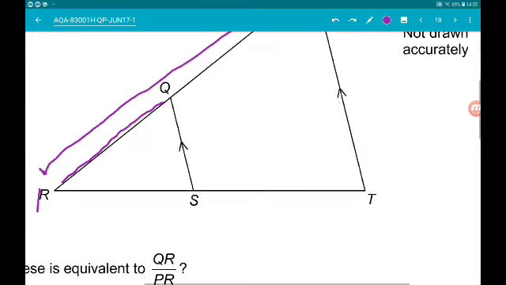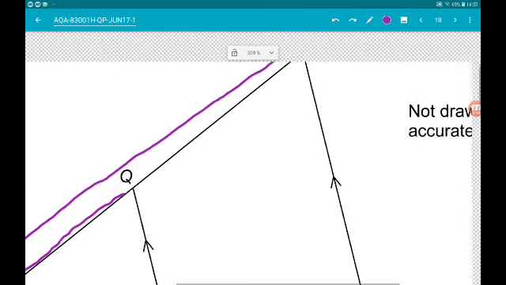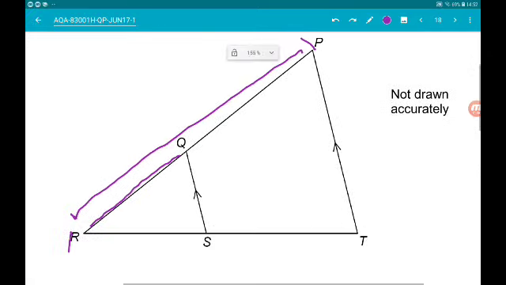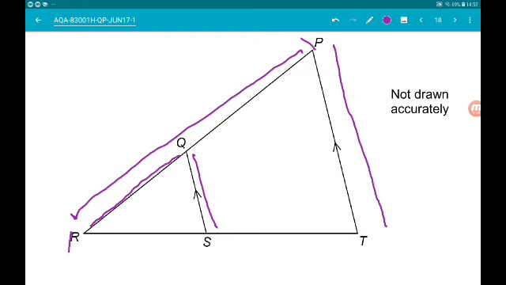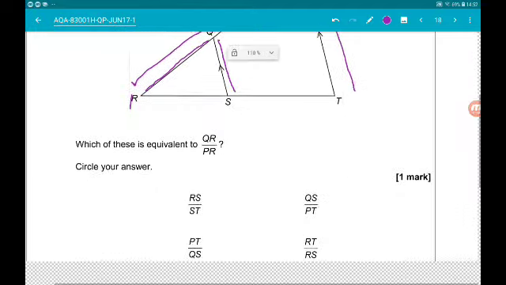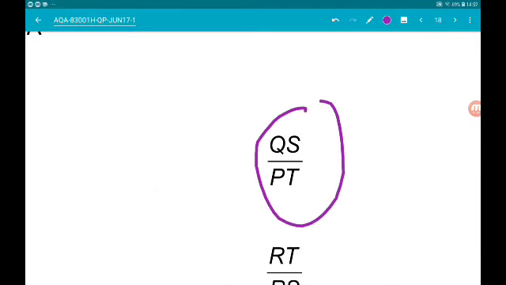So QS is this line here. PT is this line here. So it is that one. It's a small length divided by a big length. It's the same ratio. So that's our guy.